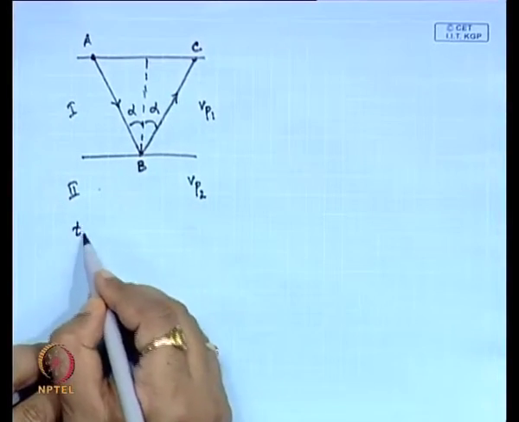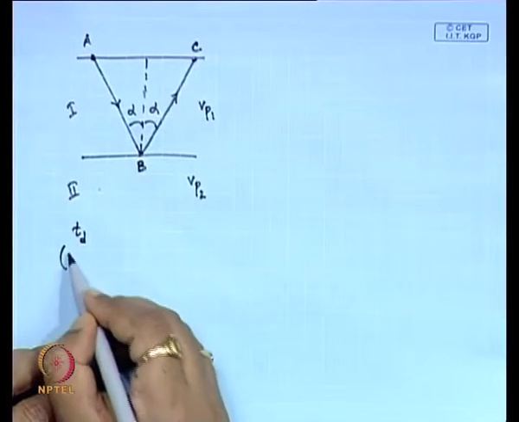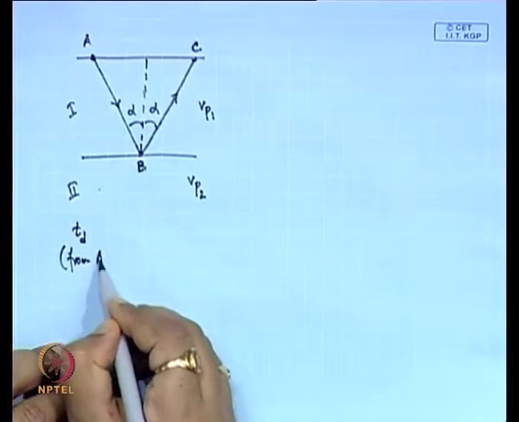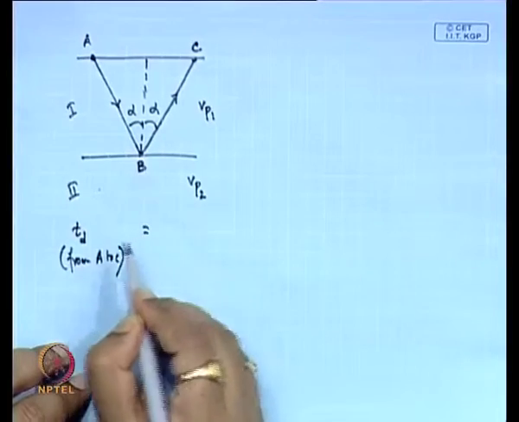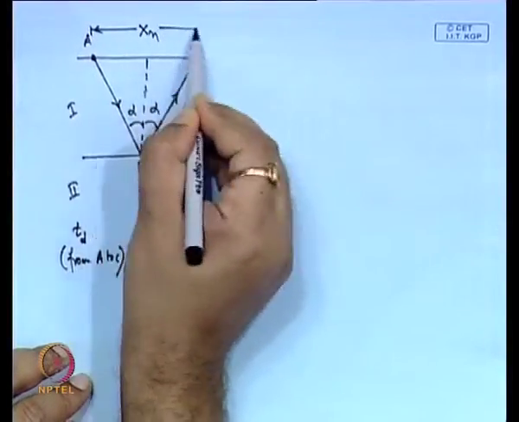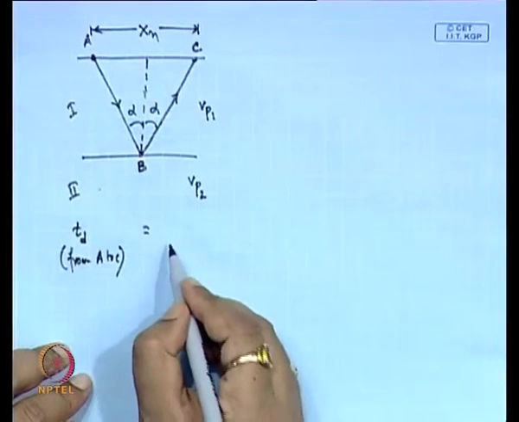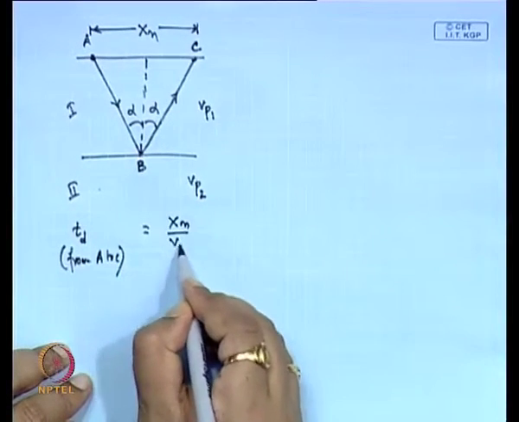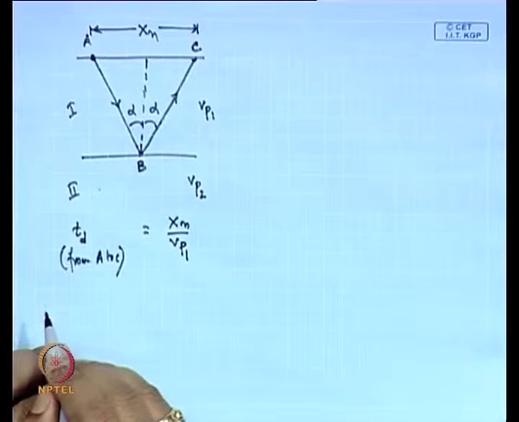Now, here also this wave can travel from A to C directly and via this route A, B, C. Now, the time required for the direct travel from A to C, if this distance is again x n, we can write this is x n divided by V p 1.